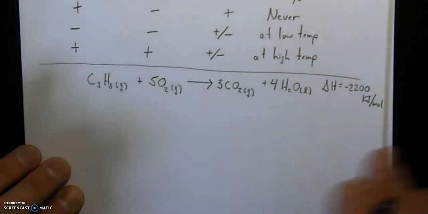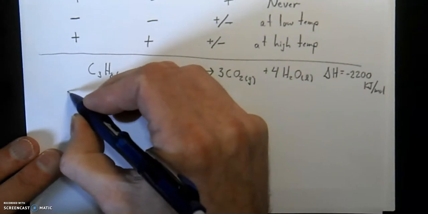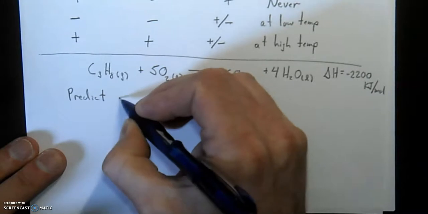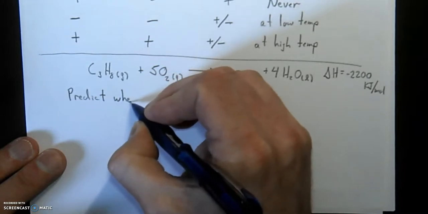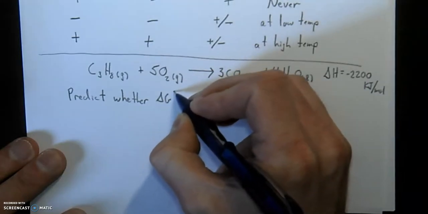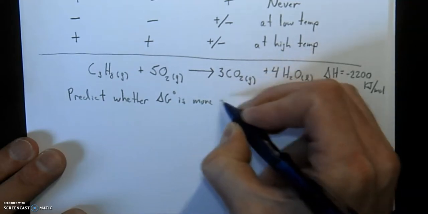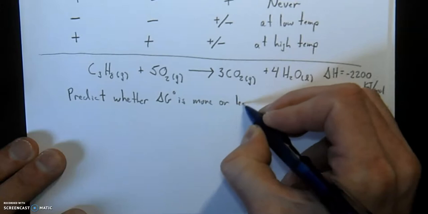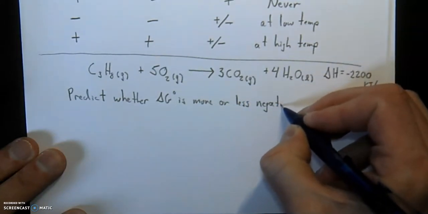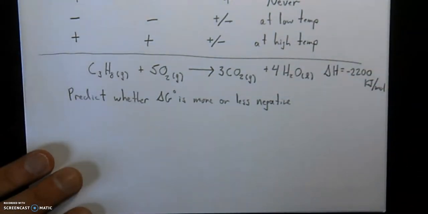All right. Now, the statement for us is, predict whether delta G is more or less negative than delta H. This is going to sound weird.